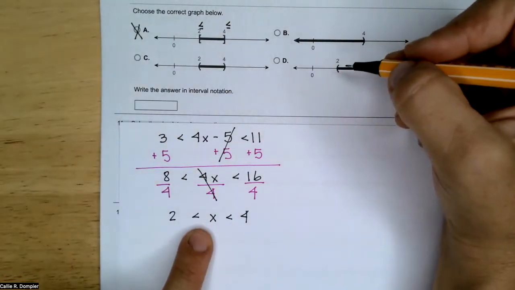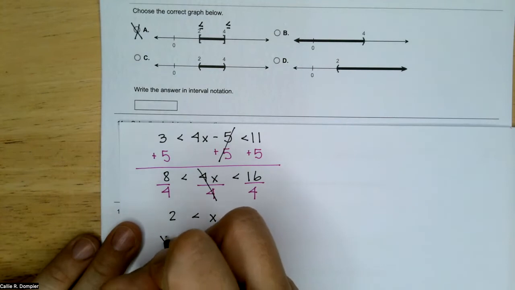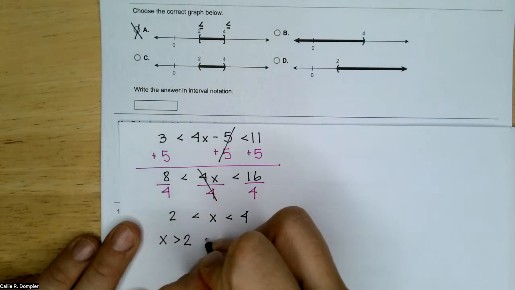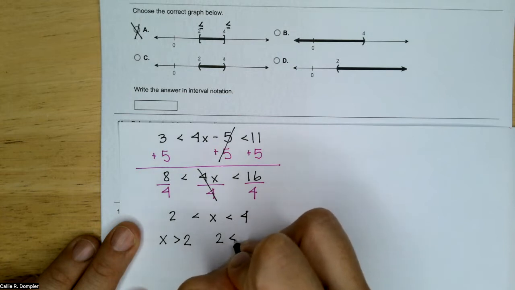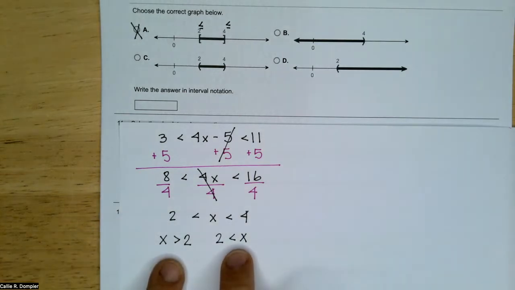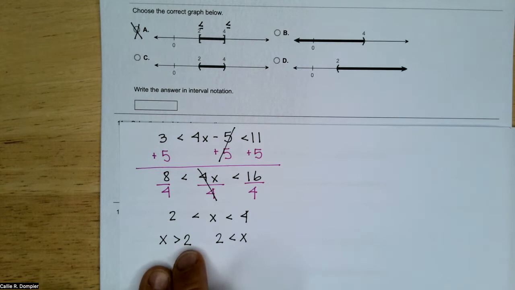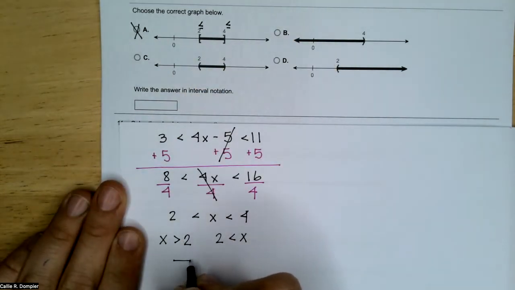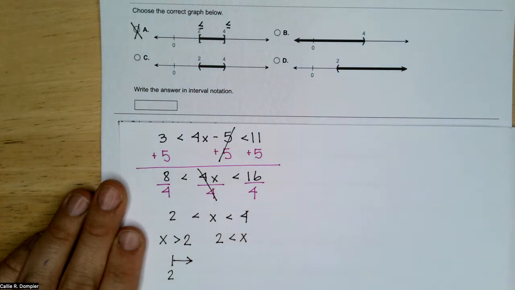And it's limited, right? So we have x is greater than 2, which is the same as 2 is less than x. I just flipped the direction. So I have x is greater than 2, starting at 2 in the greater than direction.